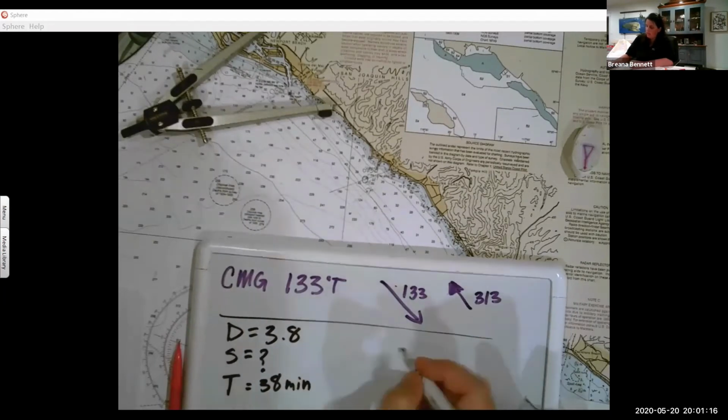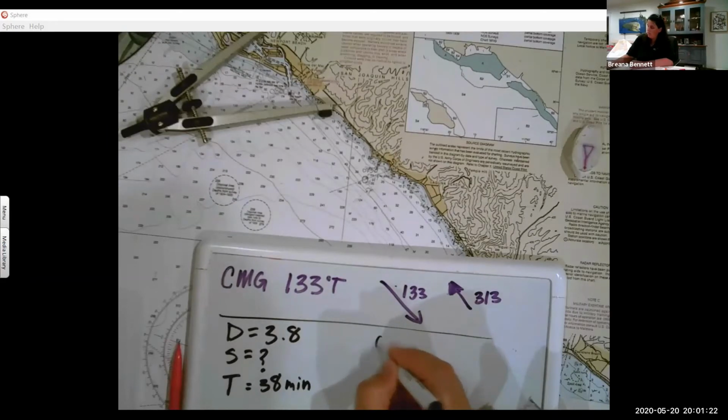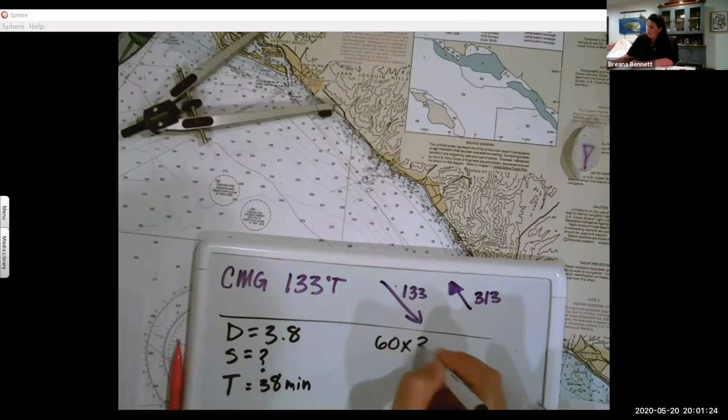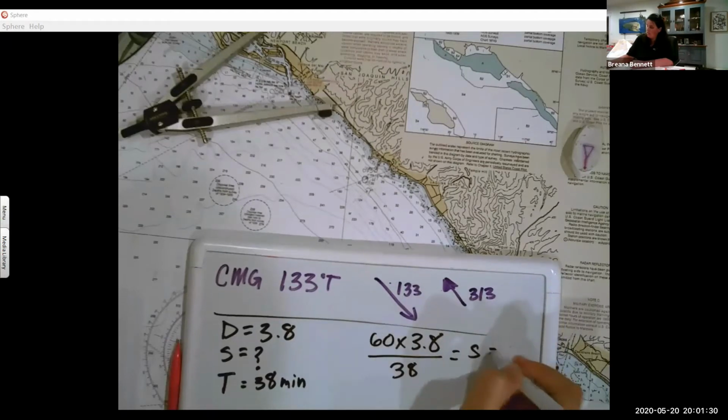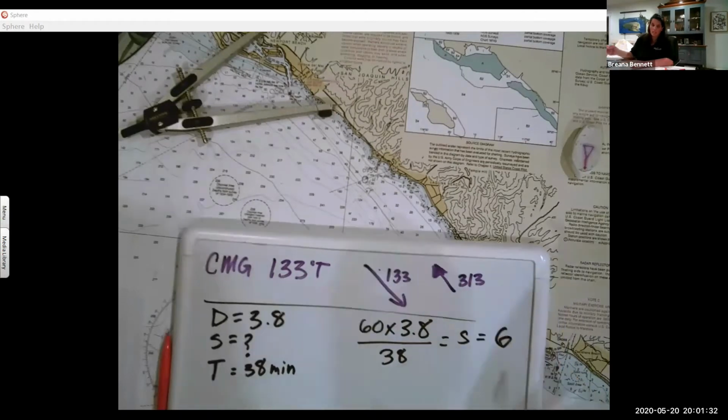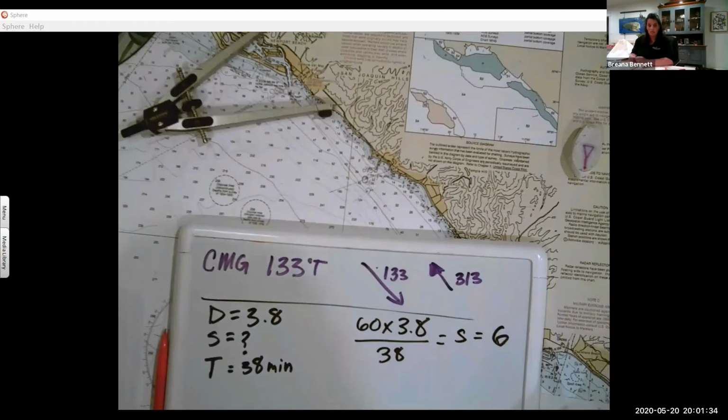We have 3.8 and 38. So we have 60 times 3.8 divided by 38 gives us speed. Our speed gives us 6. So our speed over ground is 6 knots, where we thought we were doing 5.2, but we are going a little bit faster.